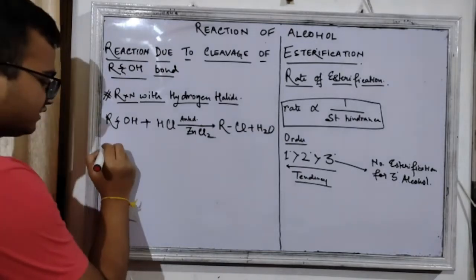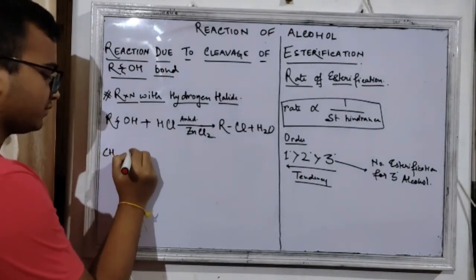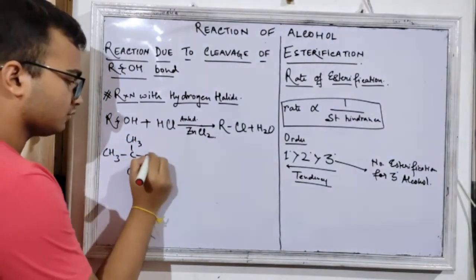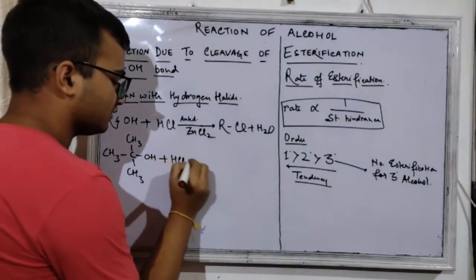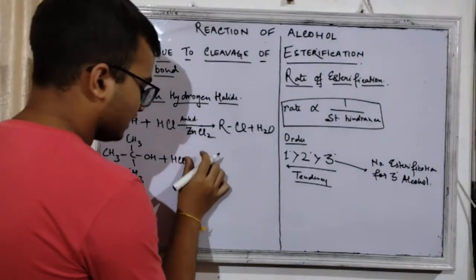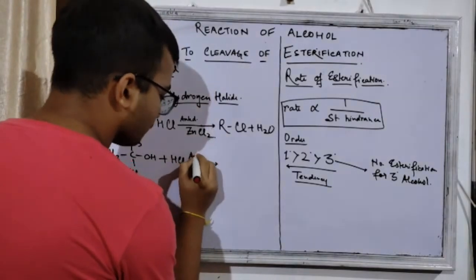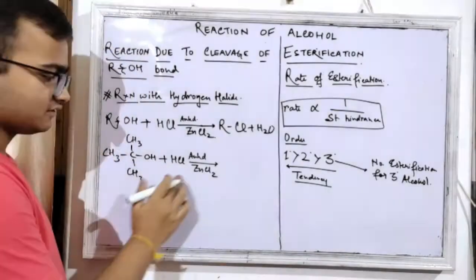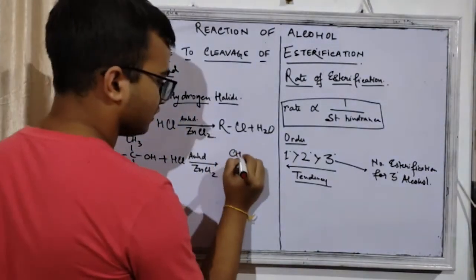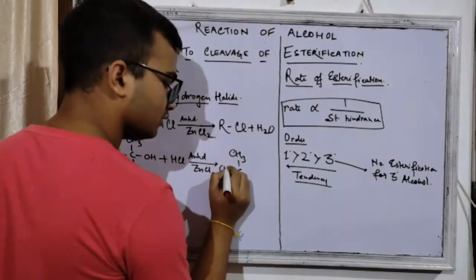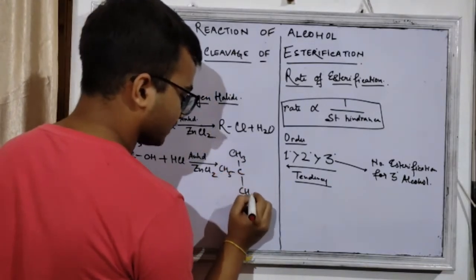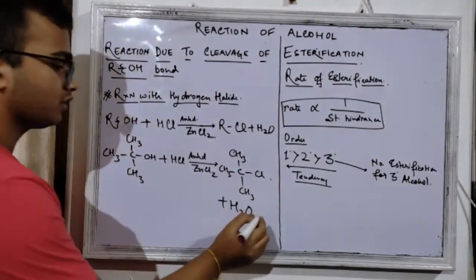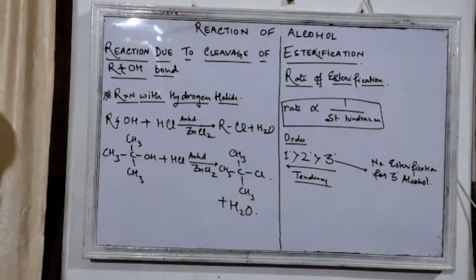And if you take a tertiary alcohol like this, for example, CH3 over here and this is OH, and you react it with HCl in the presence of anhydrous ZnCl2, this OH is removed and Cl gets added, so we will get tertiary butyl chloride plus H2O. Okay, clear to this much.